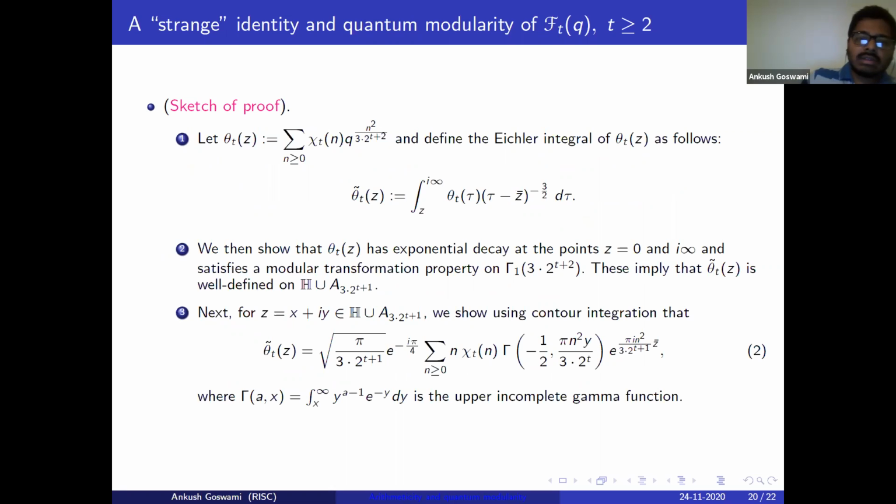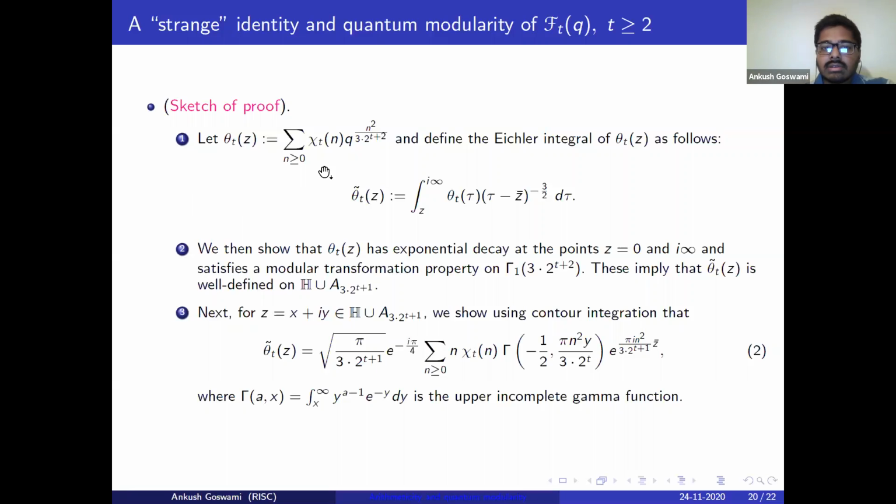Oh yeah, you can write θ_t(z) as a product of several factors. The first factor is going to give you an eta function, but the rest are generalized eta functions. So you can write θ_t(z) as a product of one eta factor, and the rest is generalized eta factors.